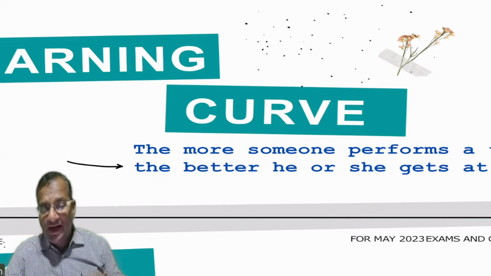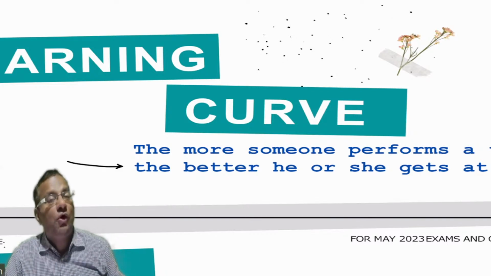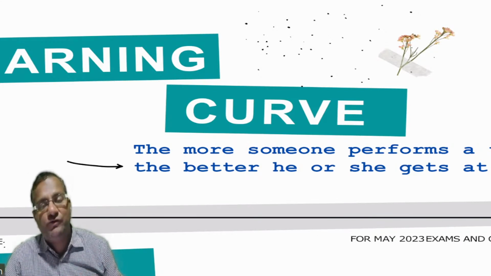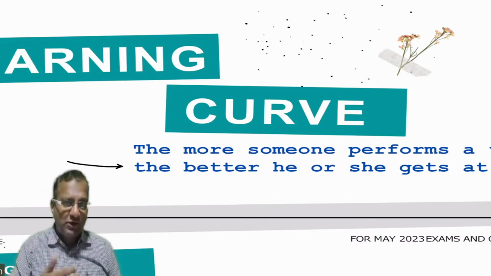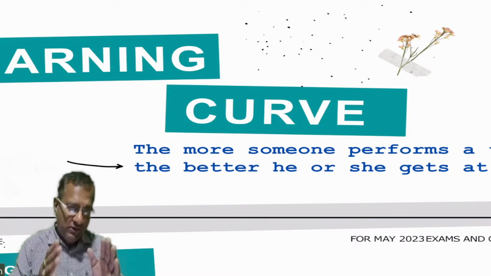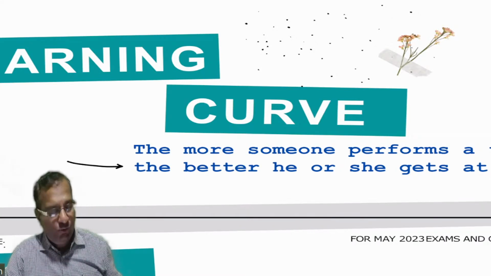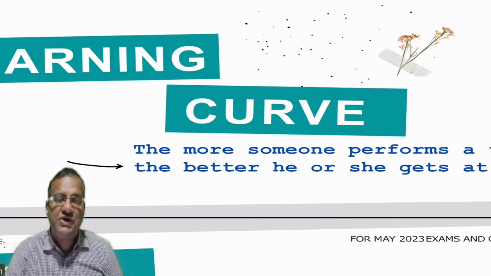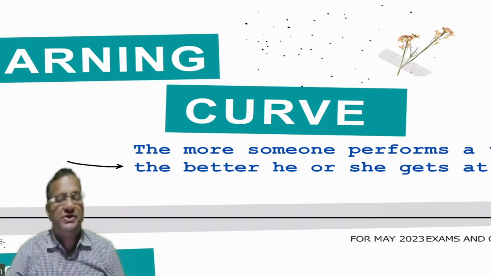So now the time taken in boredom stage, the time taken by the worker not only remains same, but it tends to increase because the worker gets bored by producing the same unit again and again. इसलिए जो हम बोलते हैं ना रोटेशन करते रहना चाहिए वर्कर्स का, this is because we don't want worker to be in boredom stage. We want them to be either in learning curve stage or at the stable stage. Boredom stage is not expected for worker, so there should be rotation of work. जहां पे रोटेशन होगा तो वो कुछ नया वर्क करेगा, फिर से वो अपनी एनर्जी स्पेंड कर सकता है.